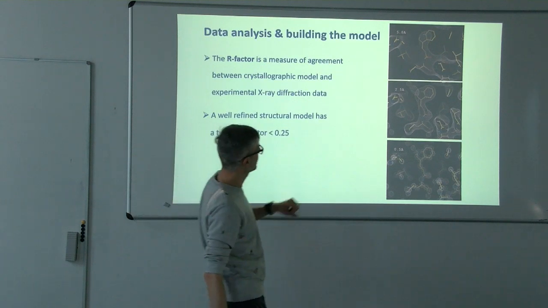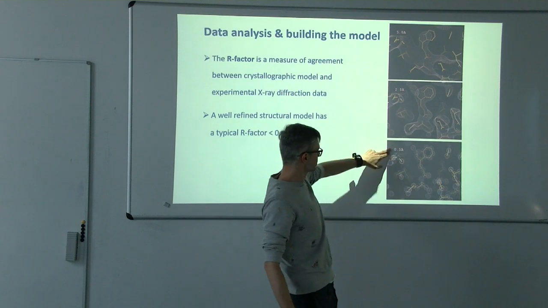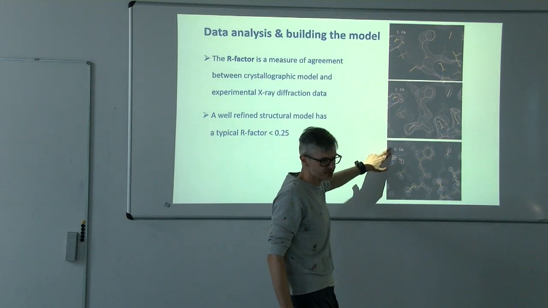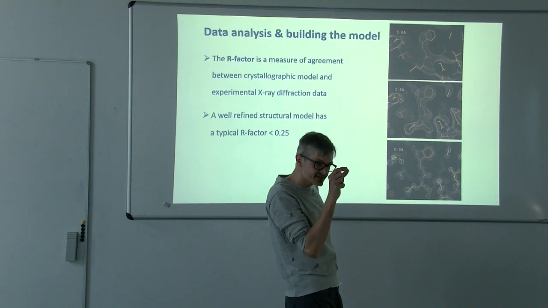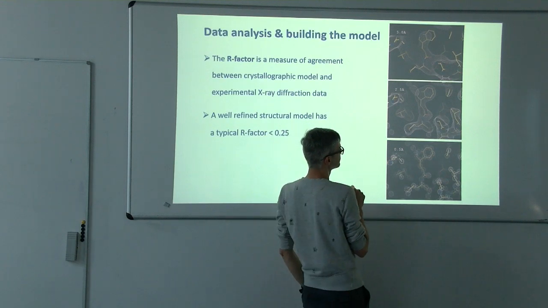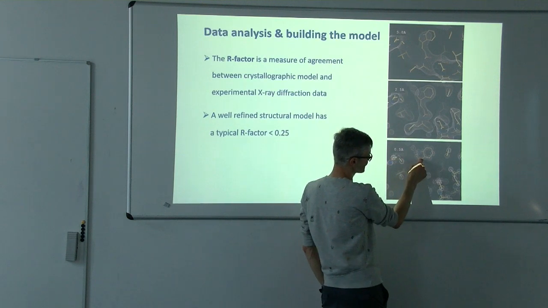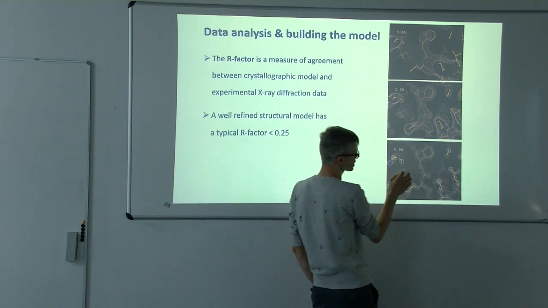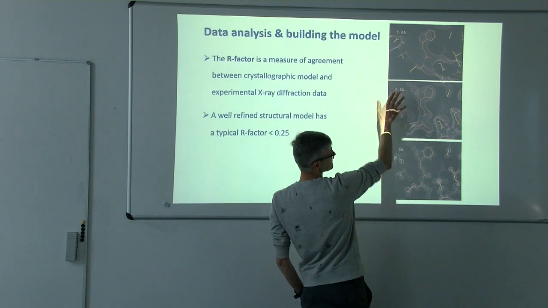So this is, for example, 5 angstrom, 2.5 angstrom and 0.5 angstrom, which just means the resolution, how well you can see the distances, how small you can get to see. Obviously, if you can get as close as 0.5 angstrom, you can know the position of each individual atom. While here it is a bit difficult, although this is still okay.